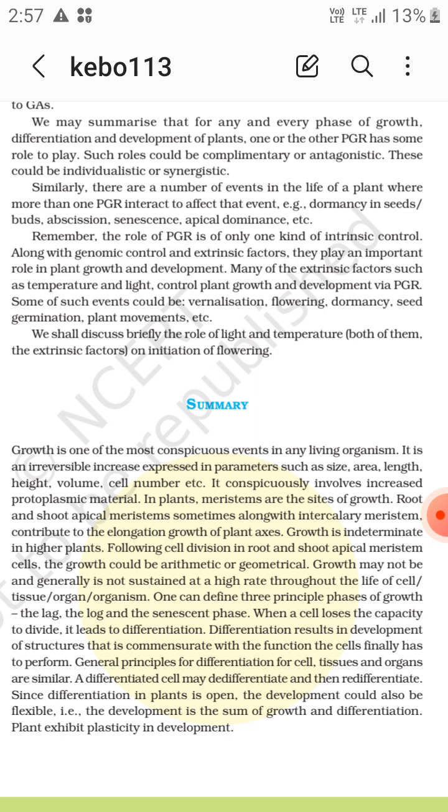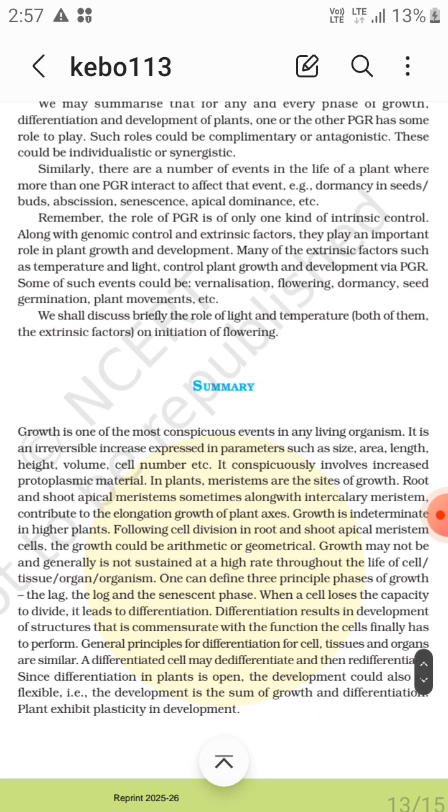Many of the extrinsic factors such as temperature and light control plant growth and development via PGRs. Some such events could be vernalization, flowering, dormancy, seed germination, and plant movements.